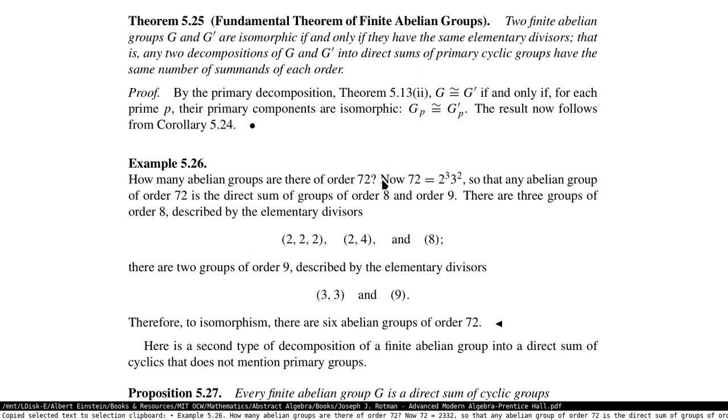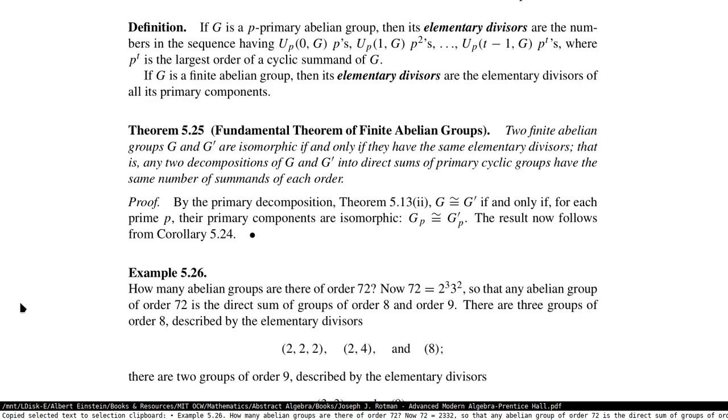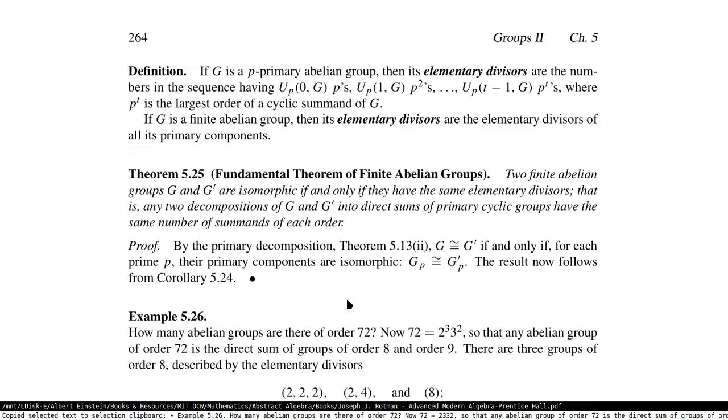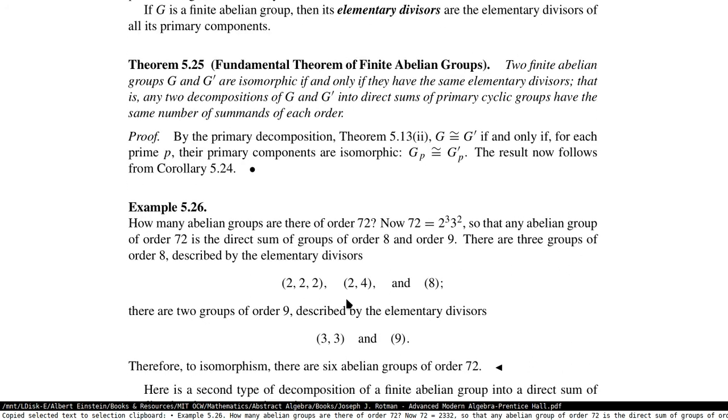There are 3 groups of order 8, described by the elementary divisors 2, 2, 2; 2, 4; and 8. There are 2 groups of order 9, described by elementary divisors 3, 3; and 9.